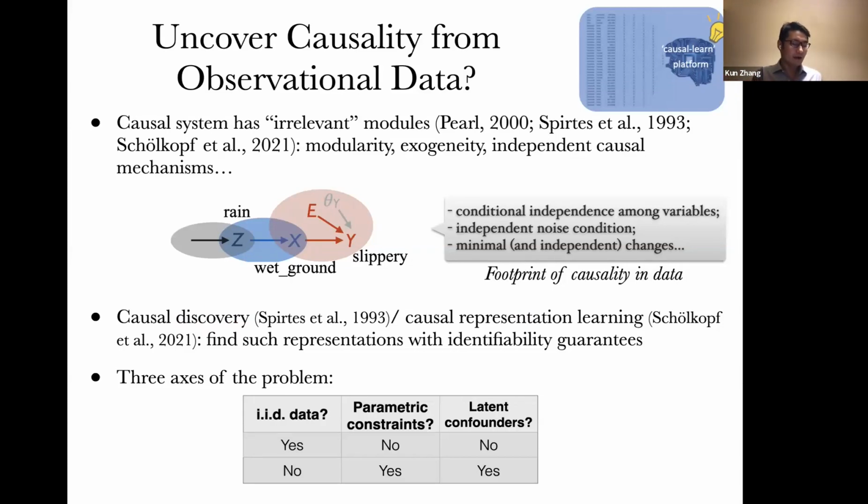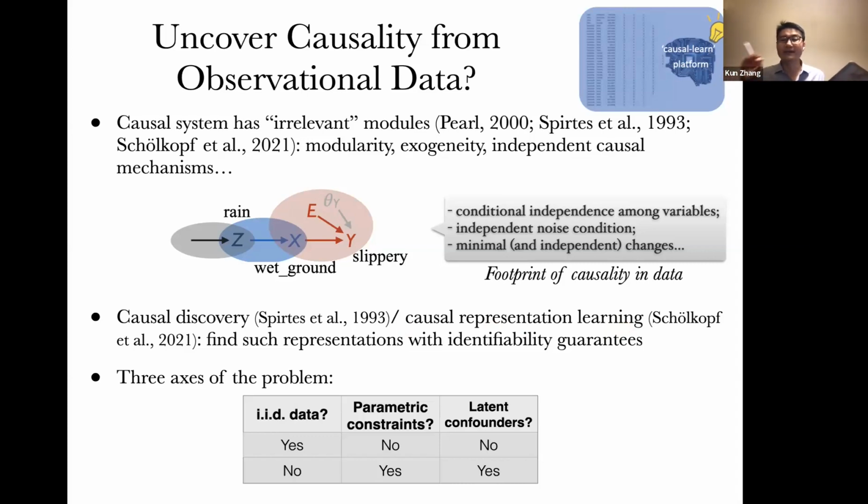In contrast, causal representation learning is focused more on high-level latent causal variables. Basically, we have two definitions of causal representation learning. With some other people, we are writing a book on causal representation learning. So the first definition says that in causal representation learning, we try to learn those hidden variables that are separately manipulable, at least potentially.